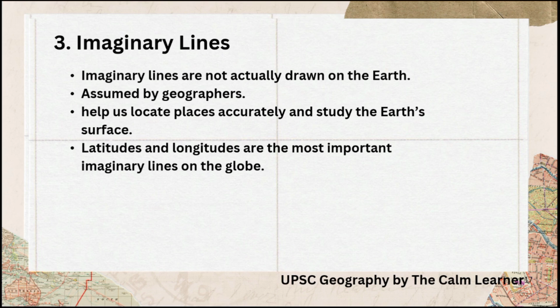So, these imaginary lines are of two types: latitudes, which run horizontally, and longitudes, which run vertically. And these imaginary lines help us locate places accurately and study the Earth's surface. So remember that.